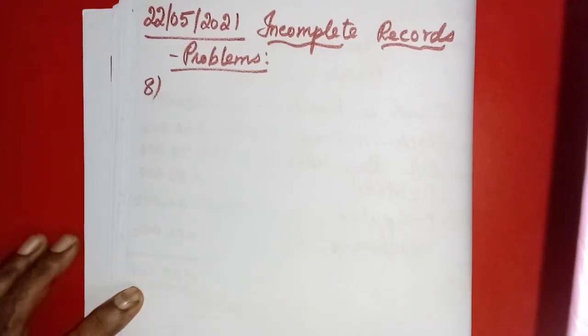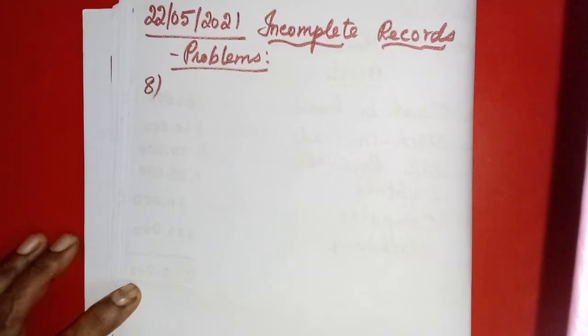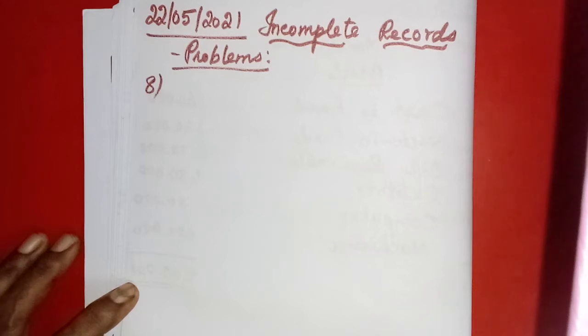In the previous class we learned the statement of affairs method, what the statement of affairs is. It resembles the balance sheet. We enter all the assets on the right hand side, all the liabilities on the left hand side. Since they do not maintain accounts as per the double entry system, we may not have all the ledger balances, but with a few items we prepare the statement of affairs.